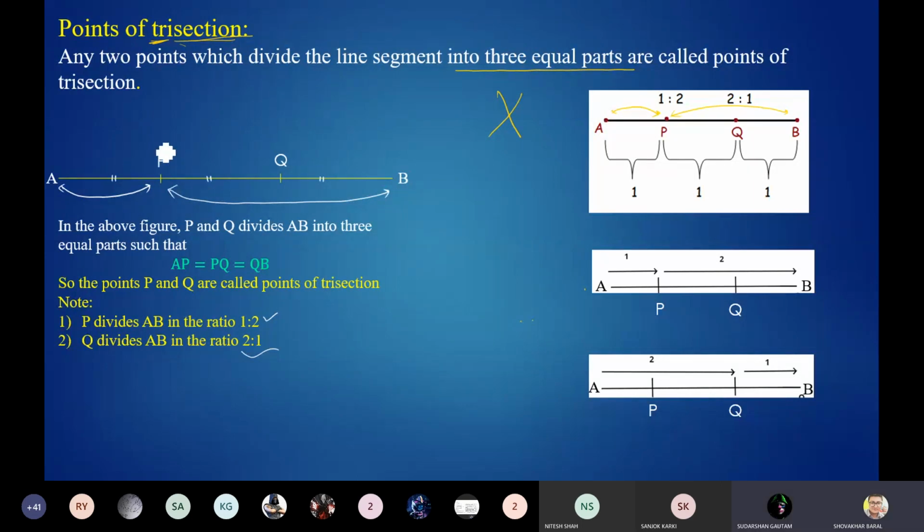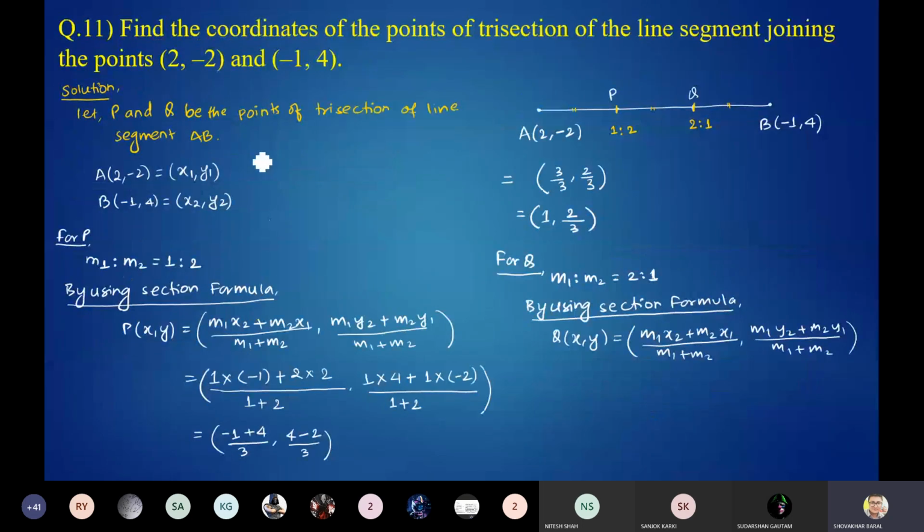So the ratio is 1:2. अब Q को यतापट्टि 2 भाग छ, यतापट्टि 1 भाग छ, भनेपछि जहिले पनि 2:1. जहिले पनि फर्स्ट पोइन्टको लागि रेशियो 1:2, सेकेन्ड पोइन्टको लागि 2:1. You need to remember that. m1 is to m2 is equal to 1:2 for the first point and 2:1 for the second point.